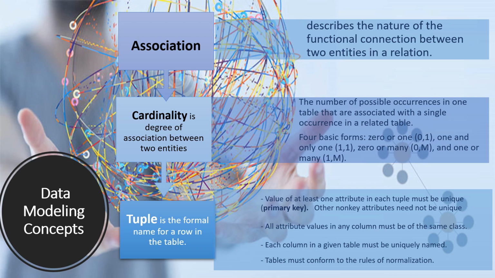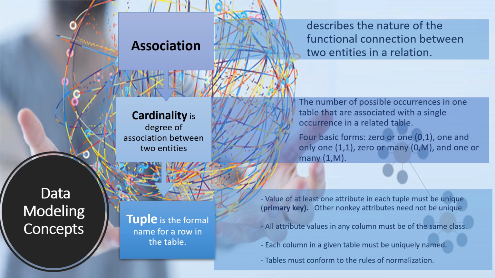Sometimes we will have two primary keys in one table in the case of a linked table, as we discussed when we overcame the many-to-many relations or cardinalities. And then all attribute values in any column must be in the same class.